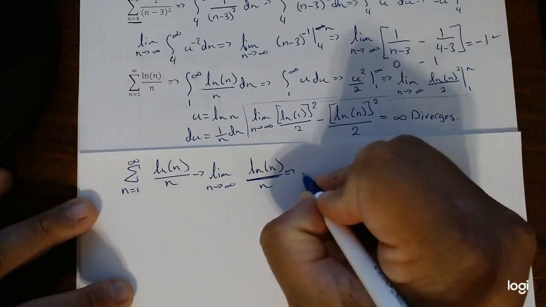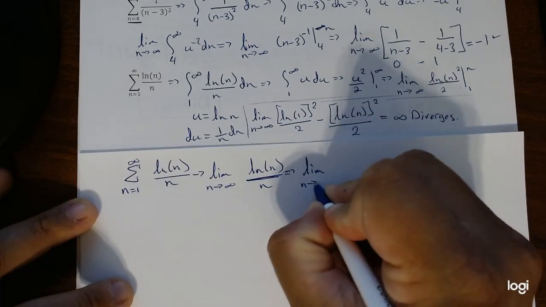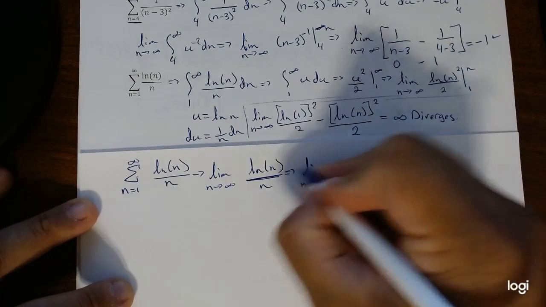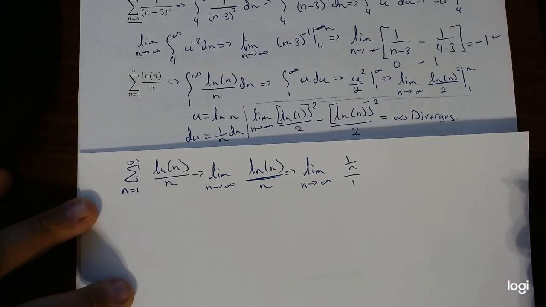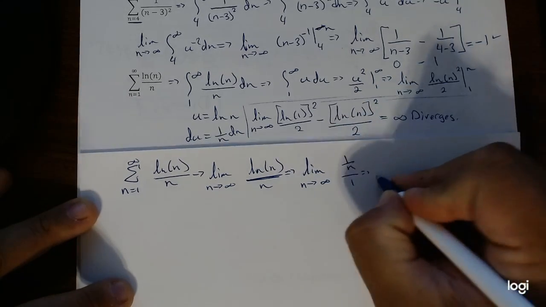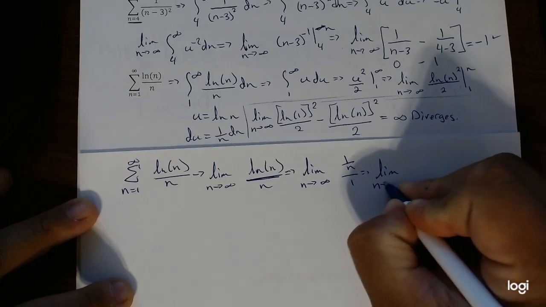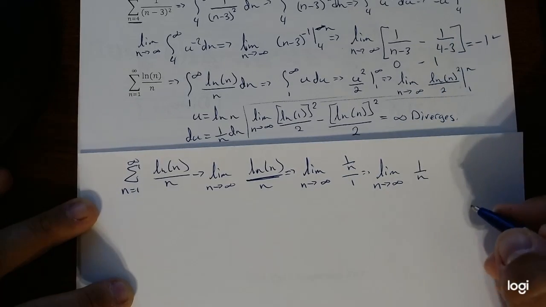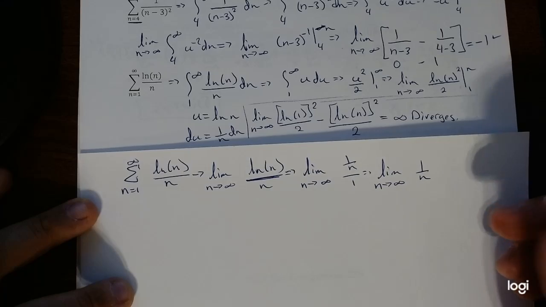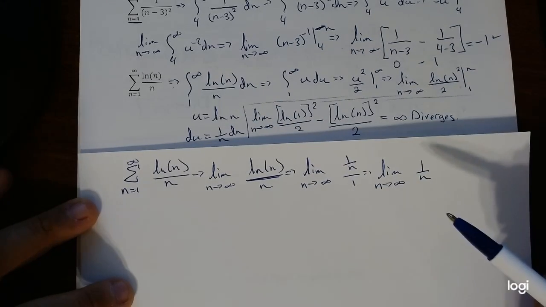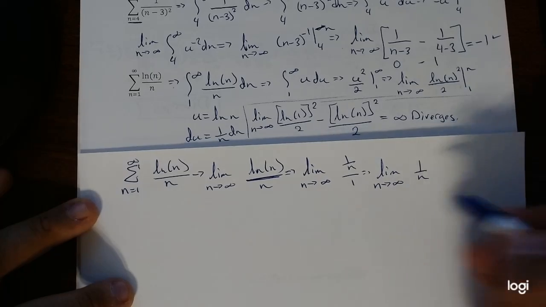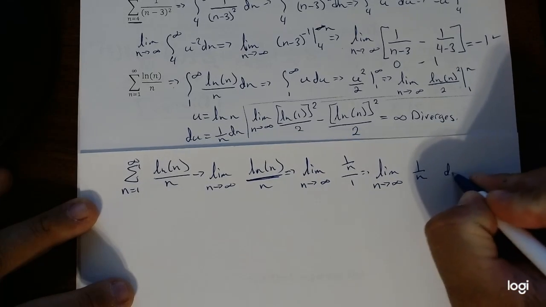So if we use L'Hopital's rule and take the derivative of each one, derivative of this is just 1 over n, derivative of n is just 1. Well, this is just the limit as n goes to infinity of 1 over n. Notice that's the p-series. So, according to the p-series, this also diverges.